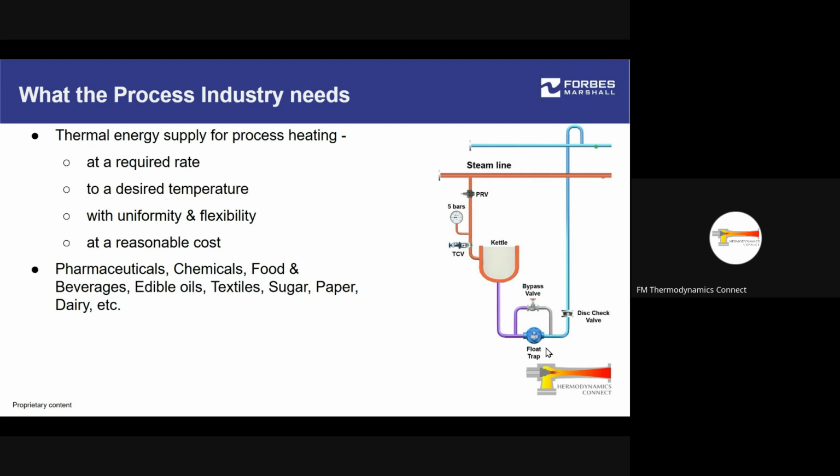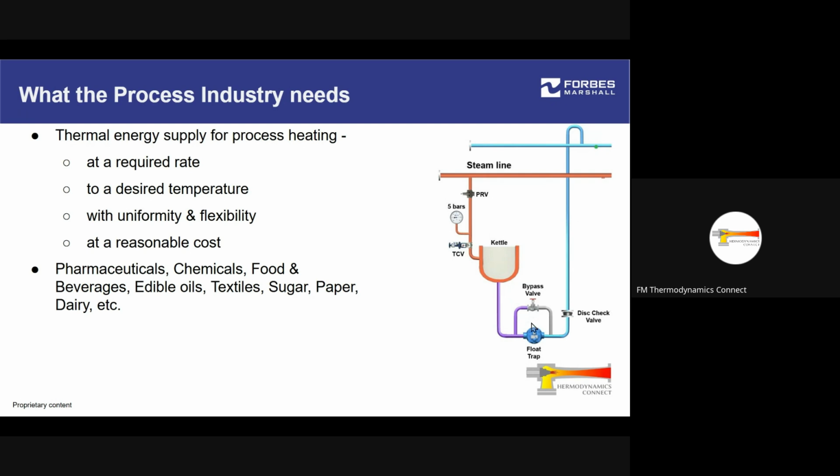So the trap will restrict steam flow going out of this particular line. But the moment you have liquid coming in, that liquid can actually go out of the system. So there is a specific principle of operation involved here. We won't do a deep dive. If needed, we'll share a video link of how this particular trap works for those who may be interested.